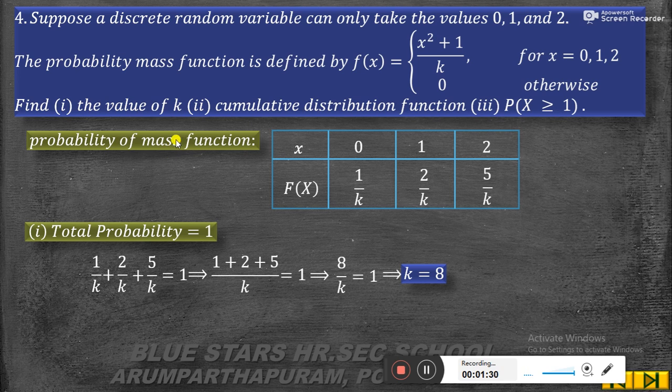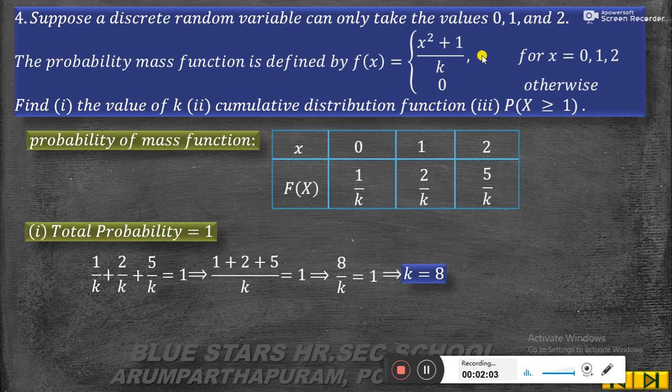Now we will find the probability mass function. First I take the x row and the f of x row. The x values are 0, 1, 2. Now I substitute x in f of x. For x equal to 0, f of 0 equal to 1 by k.